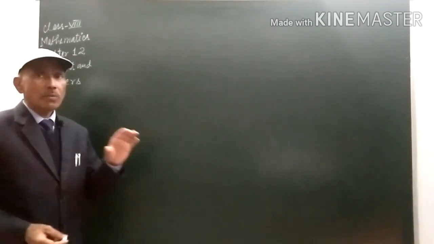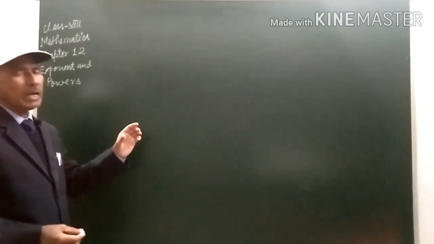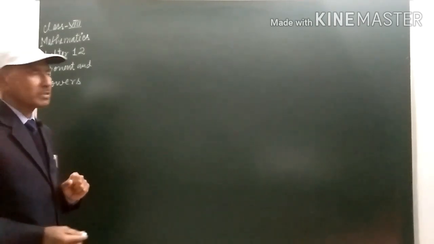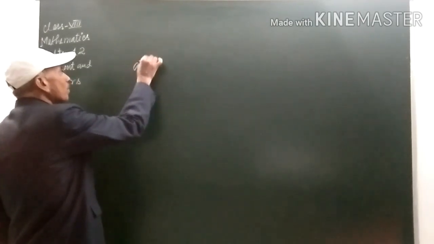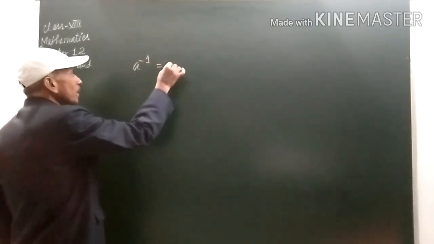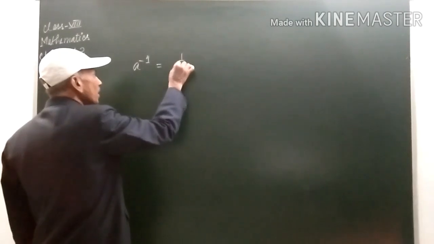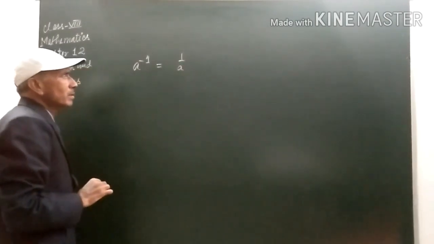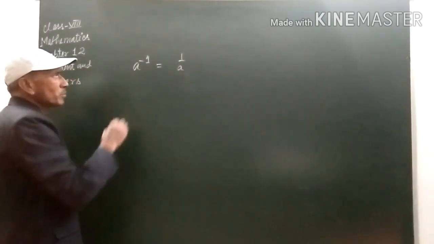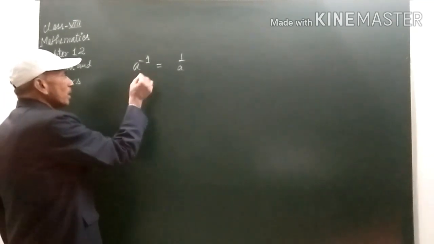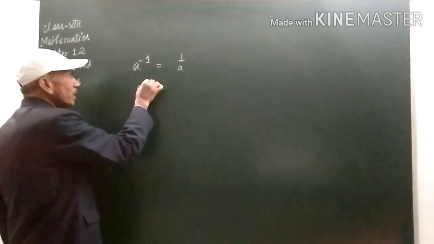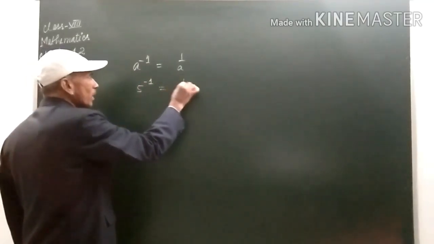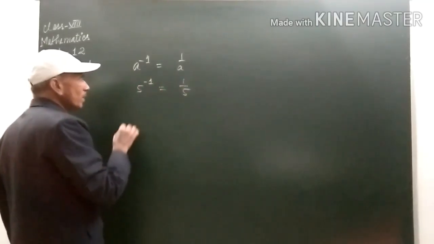And now we will study about negative exponents, students. And another rule, that a to the power minus 1 will be 1 upon a. According to this rule, students, if we take a number 5 to the power minus 1, it will be 1 upon 5.